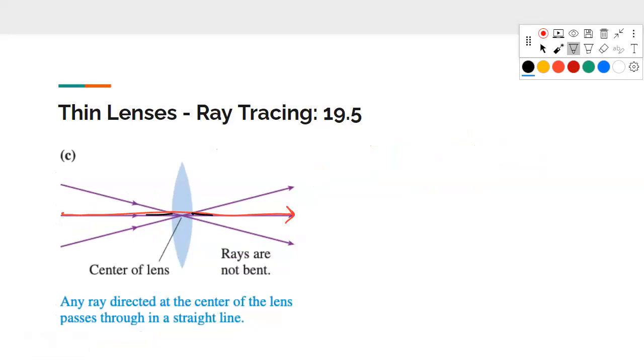The angles are all 0. But for a thin lens, and this is where the thin part is important, and all the lenses we'll look at in this class will be thin lenses because otherwise it's really annoying, even these other rays that are passing at different angles through the center are not bent, to very good approximation.